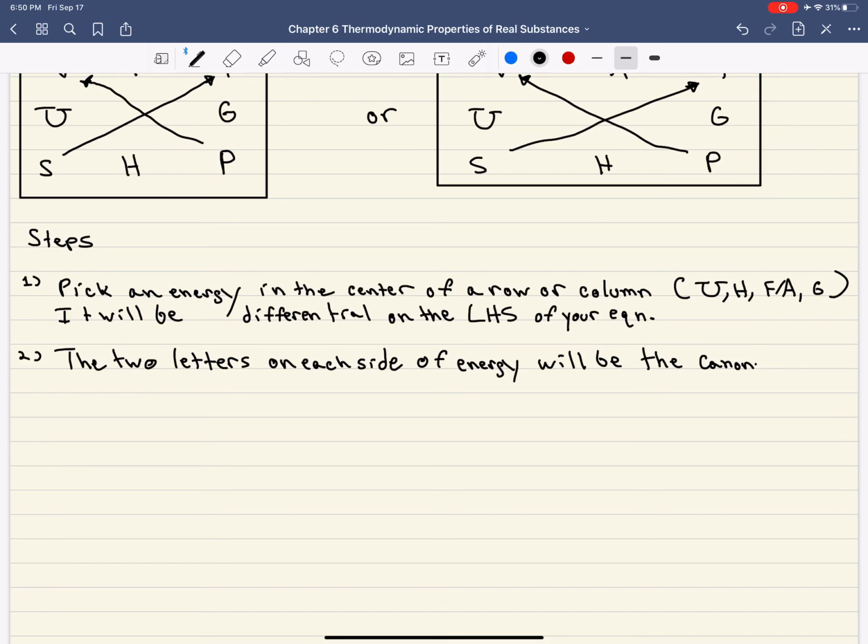These are the variables that will be the differentials on the right-hand side.